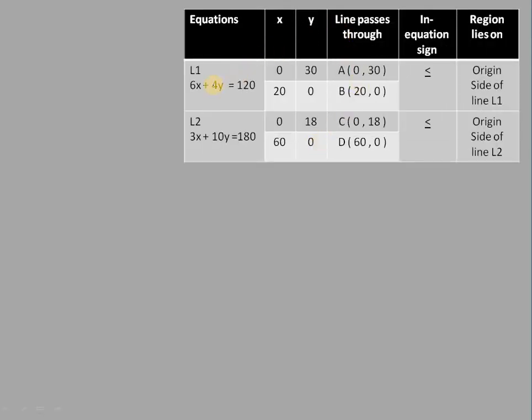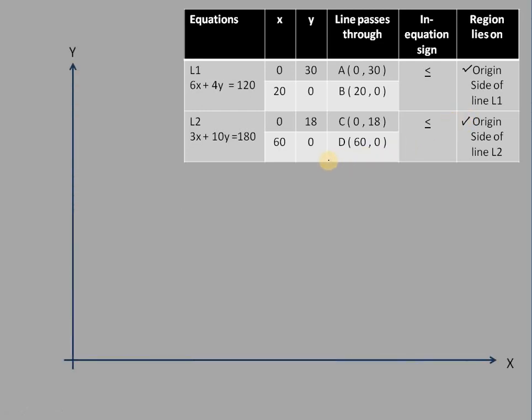The same thing I have explained. This is the table. This is line L1. This is line L2, which is the equation. This is point A, point B, point C, point D, which we have found out. The sign, and how we have decided, I have also explained. The same thing happens for L2 on the origin side. Now this is the x axis, this is the y axis, this is the origin, this is point A (0, 30), this is point B (20, 0), and immediately you draw line L1.